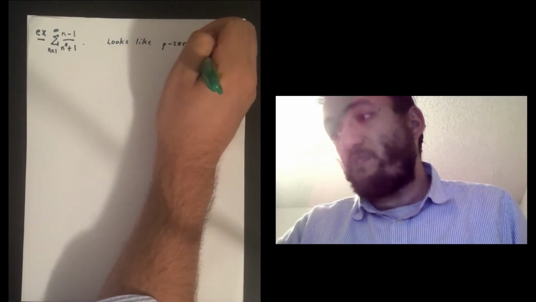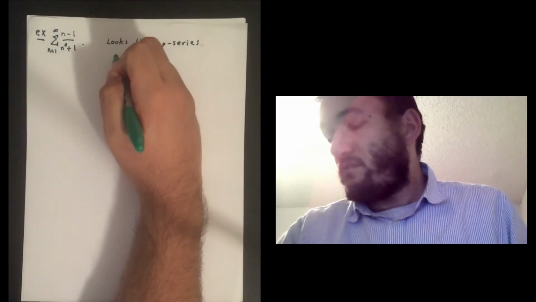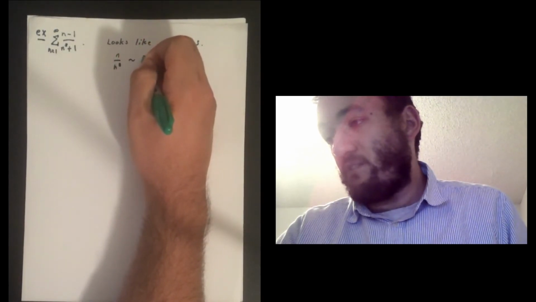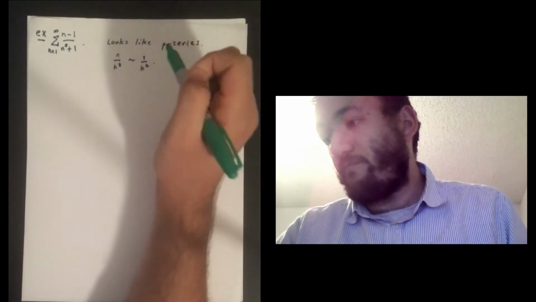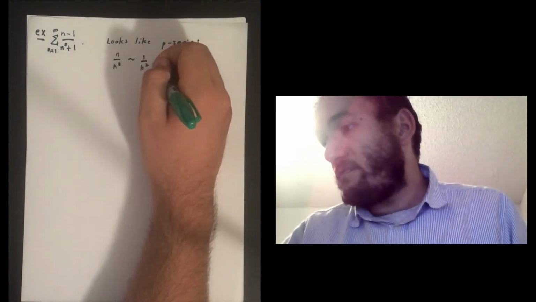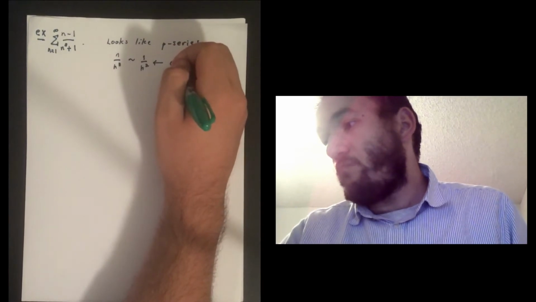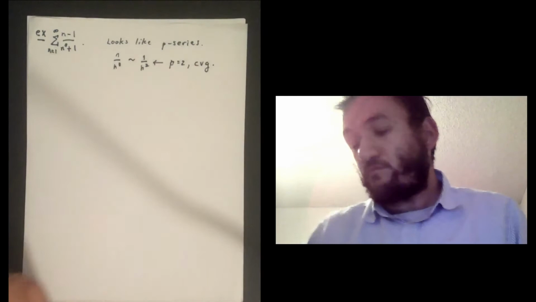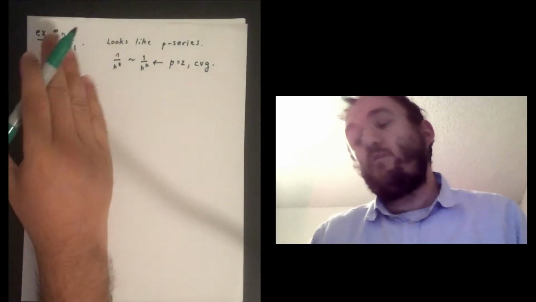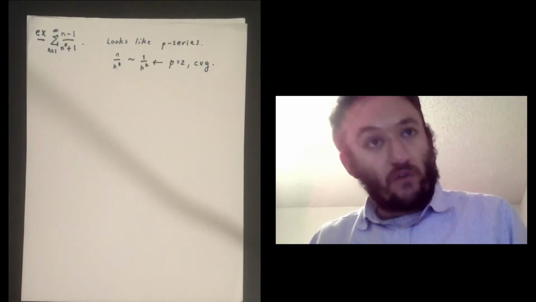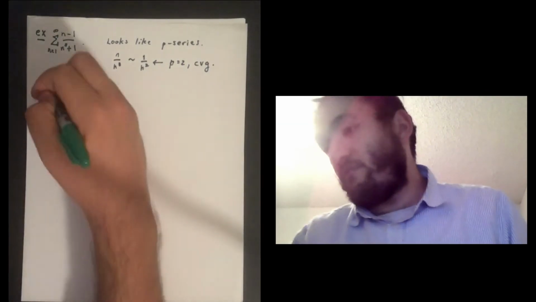To see which p-series it looks like, you just focus on the largest terms. So n over n cubed, which is 1 over n squared. So this is a convergent p-series, p equals 2. Our hunch is we can do some kind of comparison test with the p-series 1 over n squared to find that it's convergent.